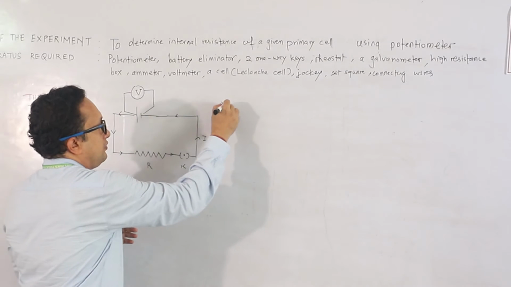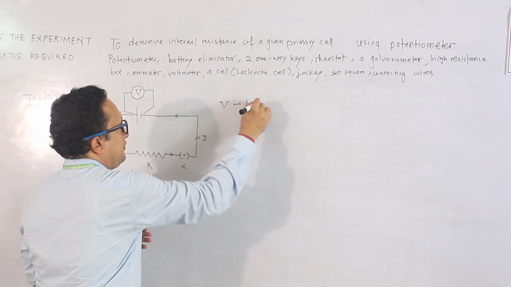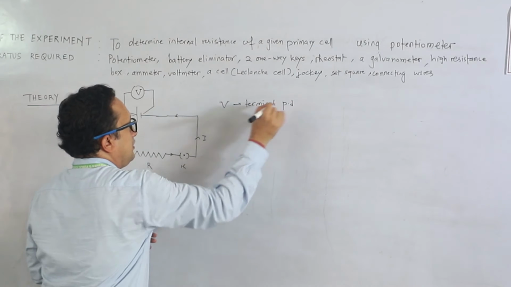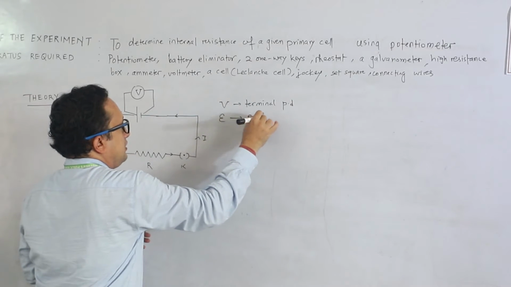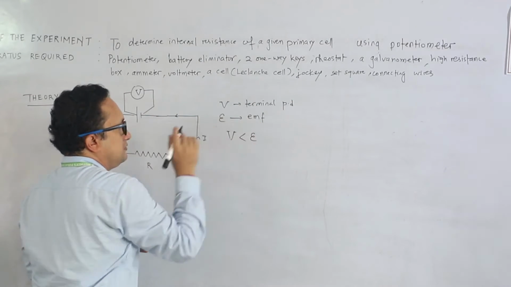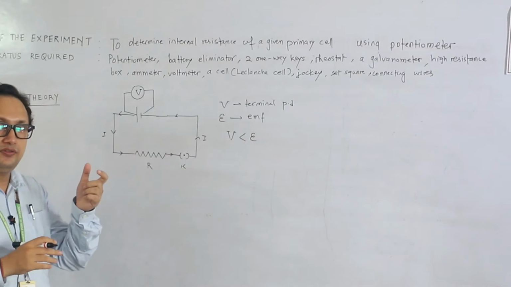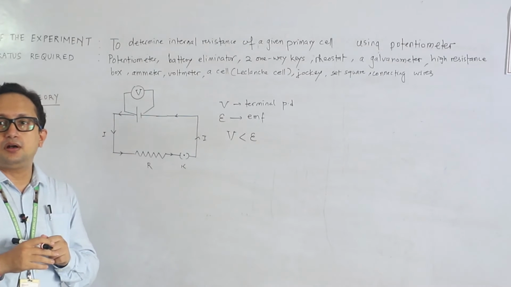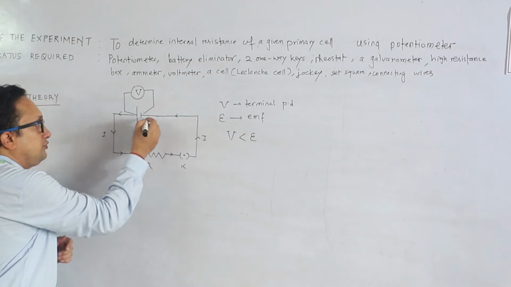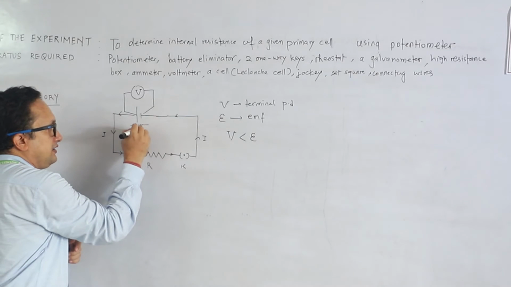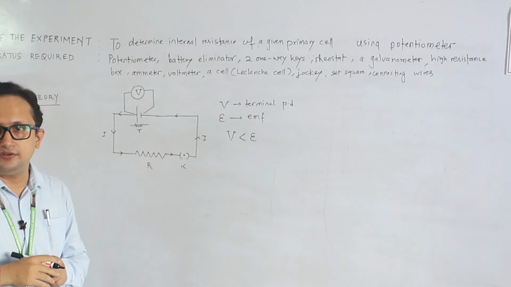Why is V, the terminal potential difference, less than E? V is less than E because there is another resistance that comes into play when current flows through the cell, and that is your internal resistance.